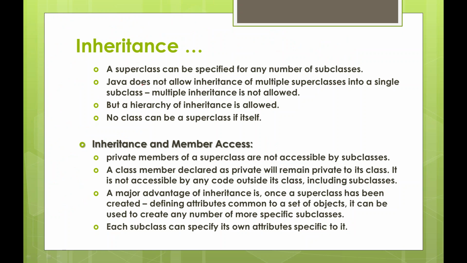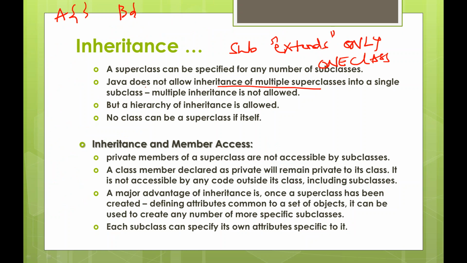So this statement says multiple inheritance is not possible in Java. Any subclass can extend only one class. That means if I have A, B, and C, and I try C extends A, comma B, this is not allowed.